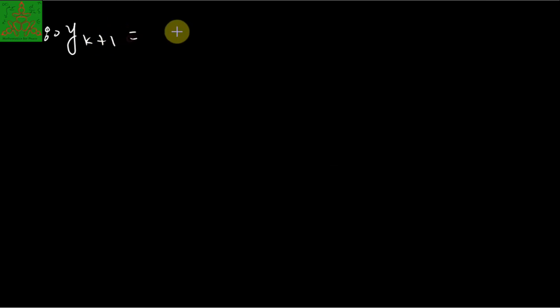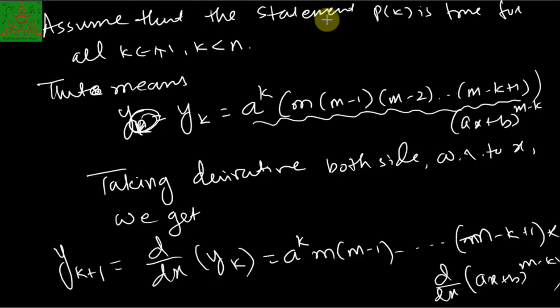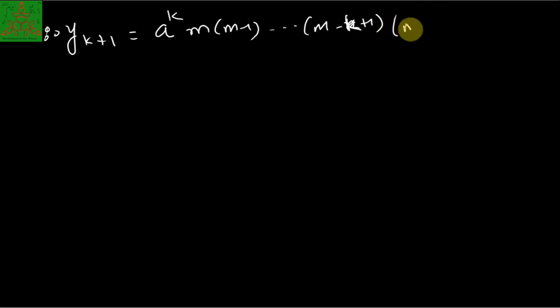So therefore y_{k+1} is equal to a^k m(m-1) up to (m-k+1). Then the derivative of (ax+b)^(m-k) will give you (m-k) into (ax+b)^(m-k-1).